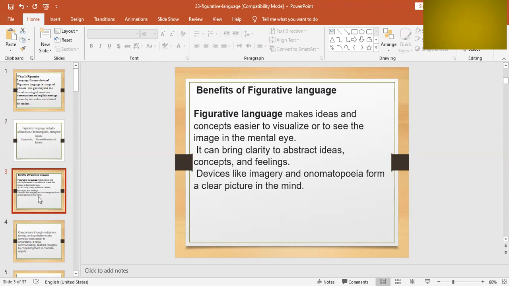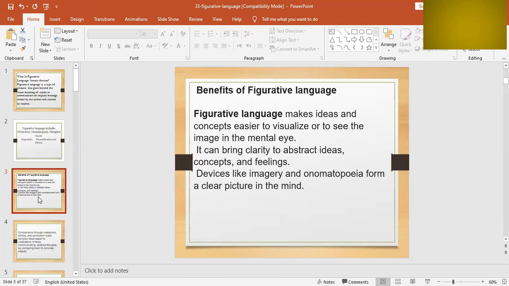Figurative language makes ideas and concepts easier to visualize, to be seen by the mind, to see the image in the mental eye, in the eye of your mind, not with your real eyes, but to imagine them. This is visualizing something.